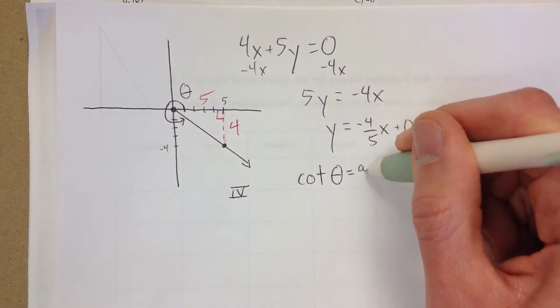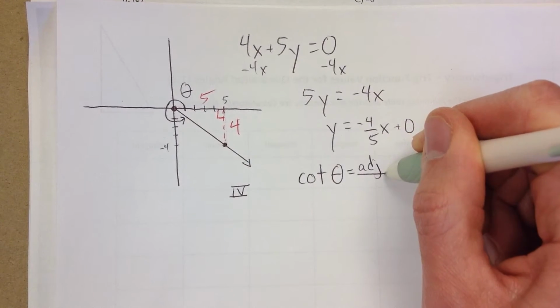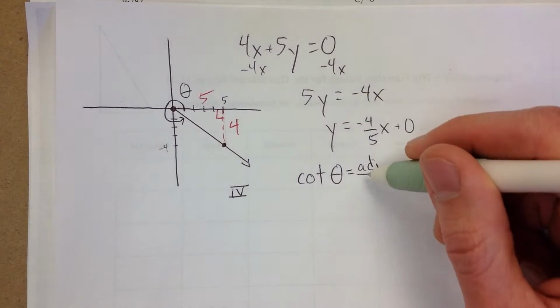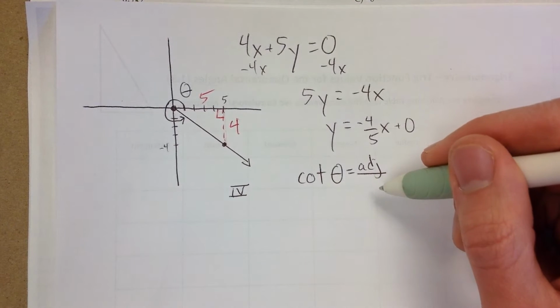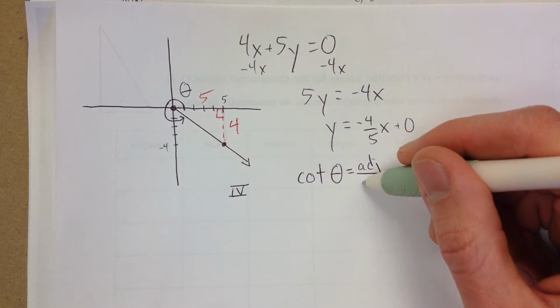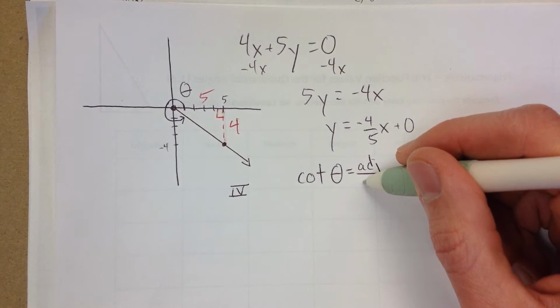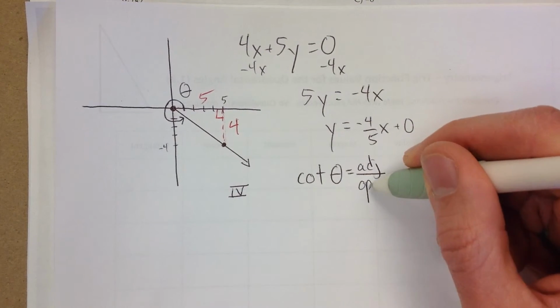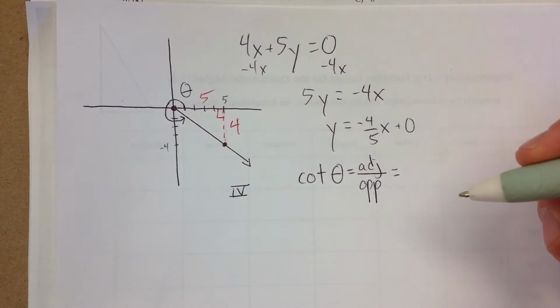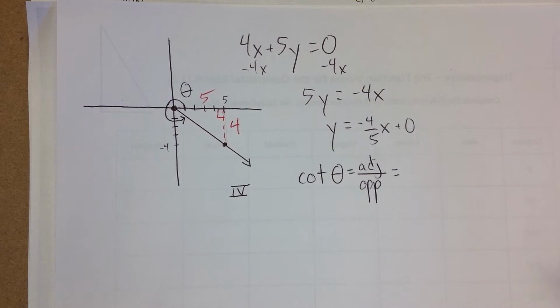Adjacent over, cotangent. Yeah, you're right. Adjacent over. That would be cosine. Okay, so over, don't say it. No, opposite. There you go. And in terms of coordinates, it's what over what? 5 over 4.